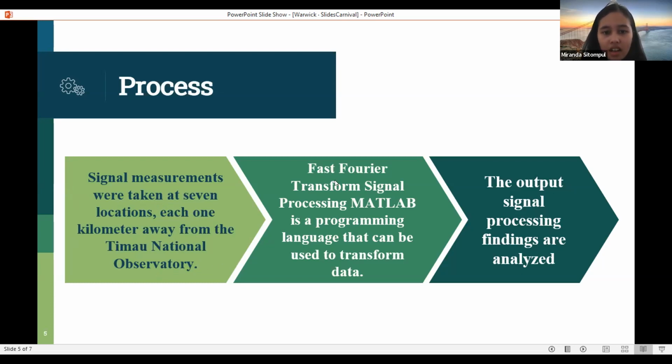The second, I use fast Fourier transform to process the signal with the MATLAB programming language, which can be used to transform data. And the last, the output from signal processing, findings are analyzed.